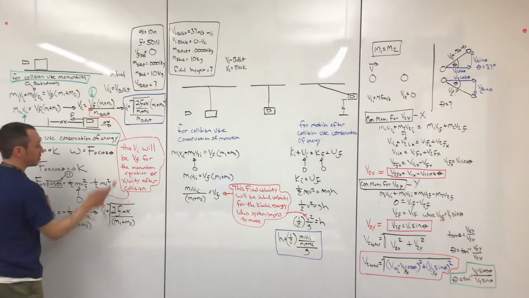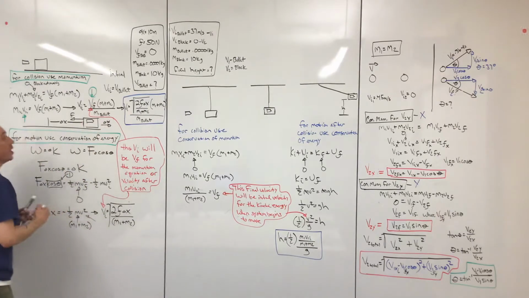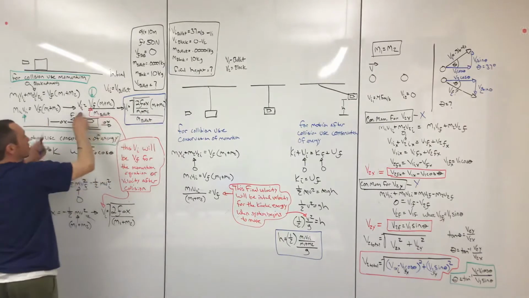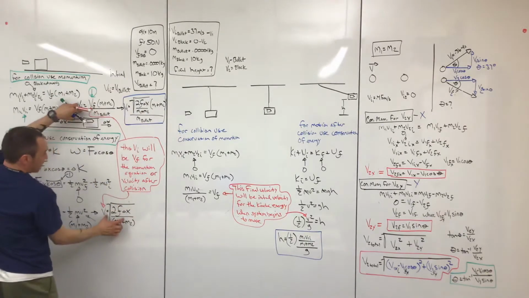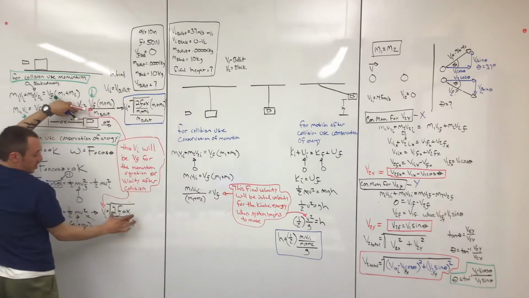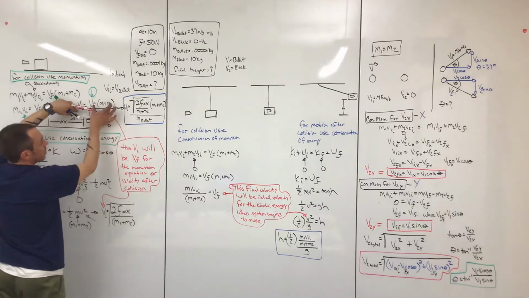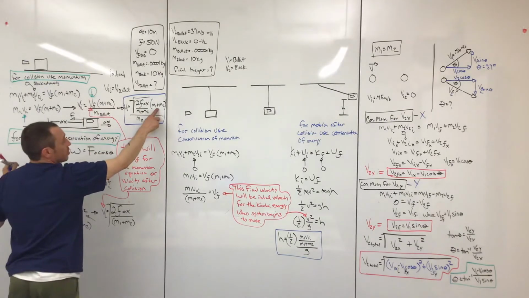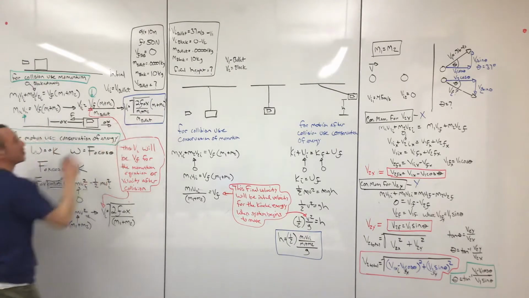So this initial velocity you solve for is the final velocity for the momentum. Then we take this and put it in there for a final equation. The initial velocity of the bullet will be the velocity of the bullet and block combination times m1 plus m2, divided by the mass of the bullet.